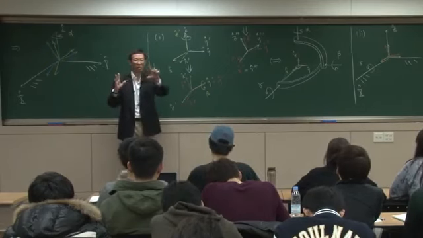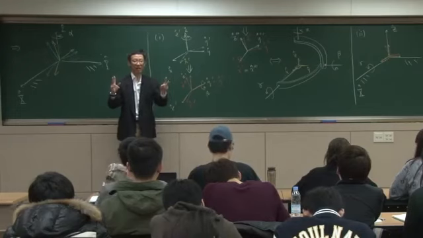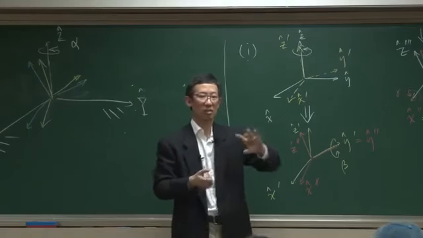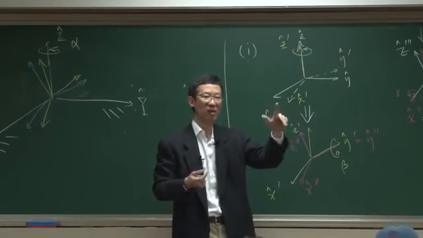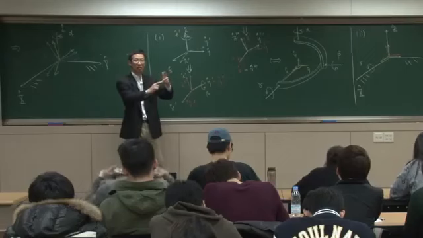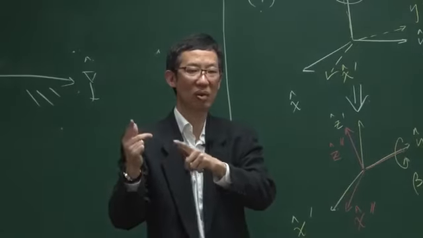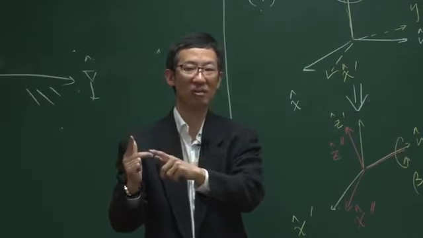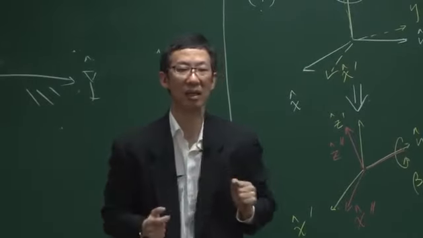So one formula, two ways to get there. One is rotating with respect to the moving frame axes, z-y-x. The other way is rotating with respect to the fixed frame axes, x, y, z.